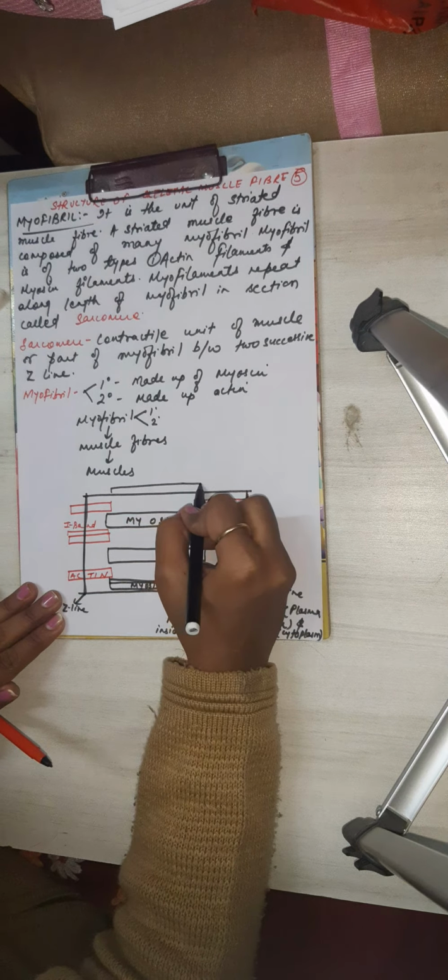But you can see यहाँ पे ओवरलैप हो रहा है एक्टिन से, ठीक है। तो जो ओवरलैप पोर्शन नहीं हो रहा, ओनली मायोसिन पोर्शन, leave this portion and this portion. The remaining part, only myosin part, is known as H band.